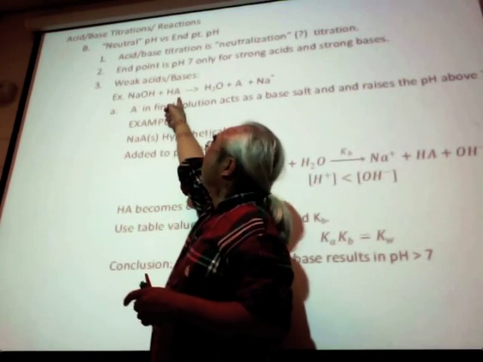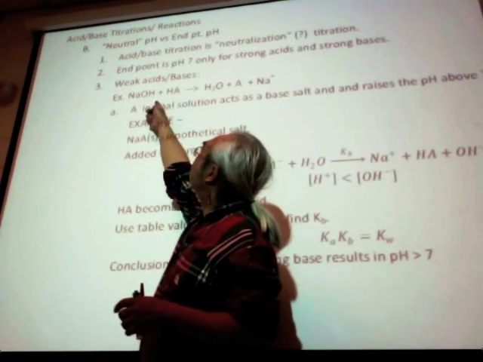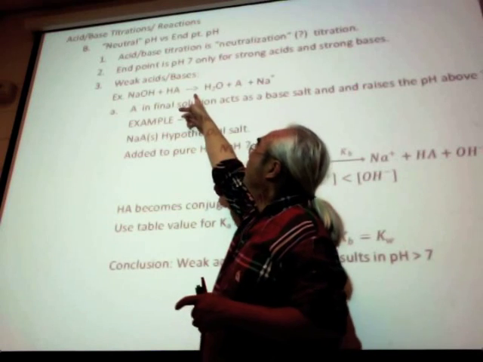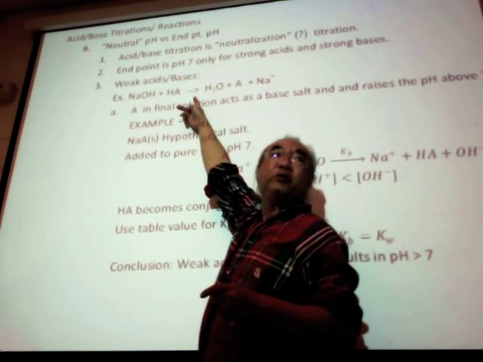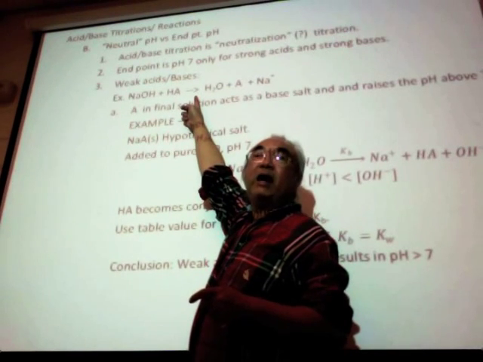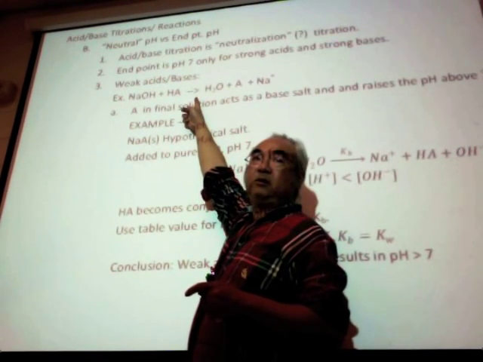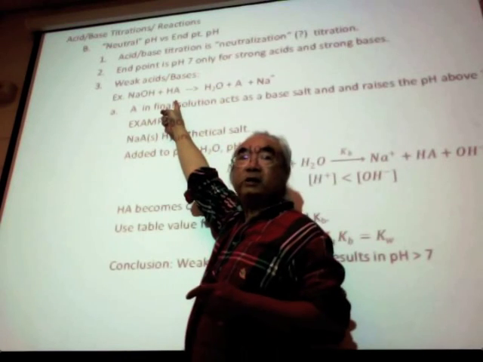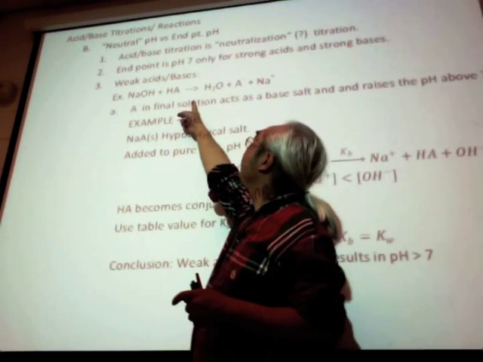base and weak acid, the two will react quantitatively. We have proved with a real example that the K of reaction is greater than 10 to the 8, so it is quantitatively complete.